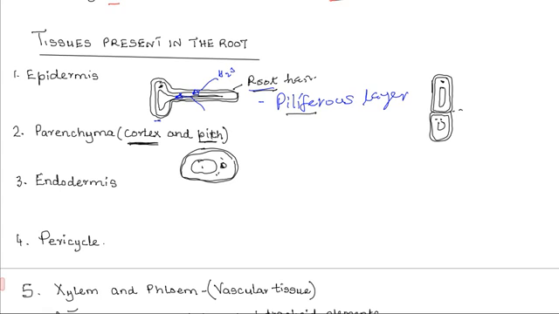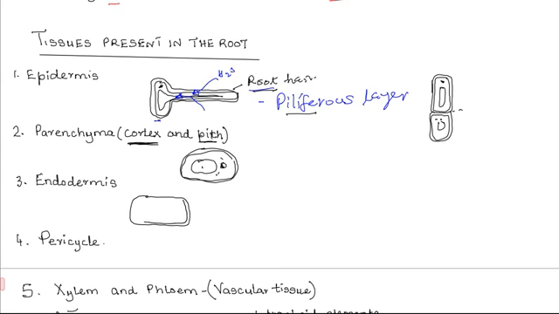Then the endodermis. The endodermis consists of a single layer of cells that surrounds the vascular bundles. The endodermal cells are characterized by the following features. 1. They have starch grains. There are numerous starch grains.